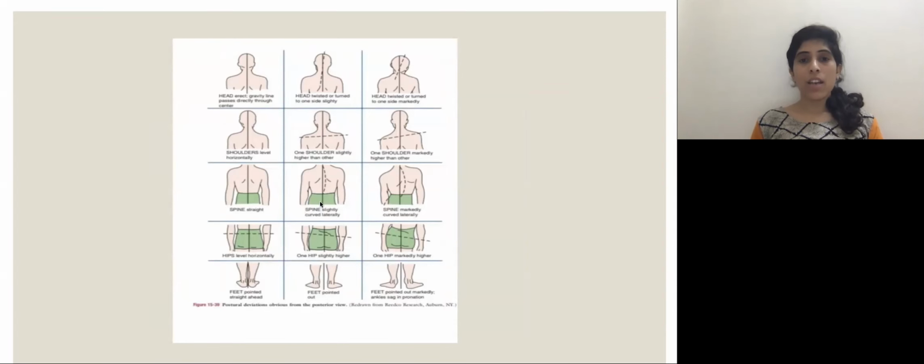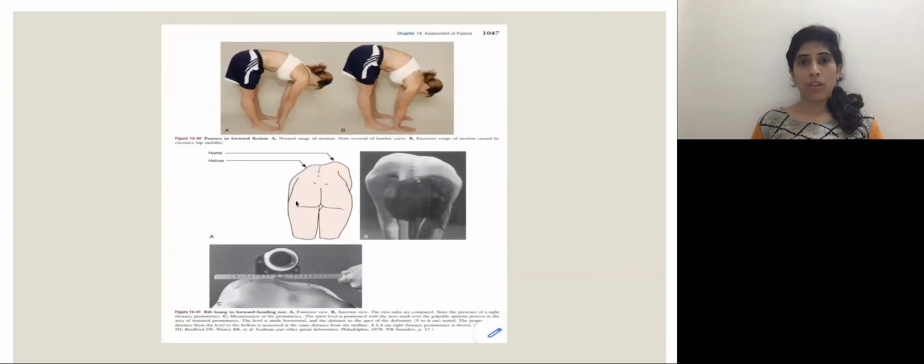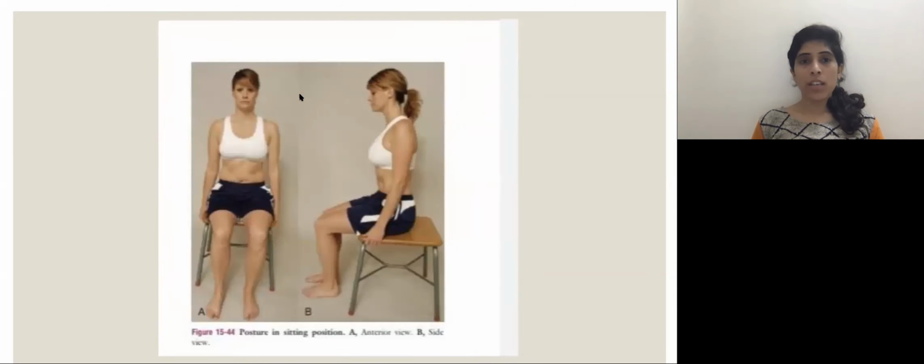Then the spine and the scapular level from the midline of the body. Then the hip, PSIS and foot, whether it is pronated or any rotation is there or not. Then we'll do the forward bending test. We check whether the curve is appearing, disappearing, or present, especially for scoliosis.